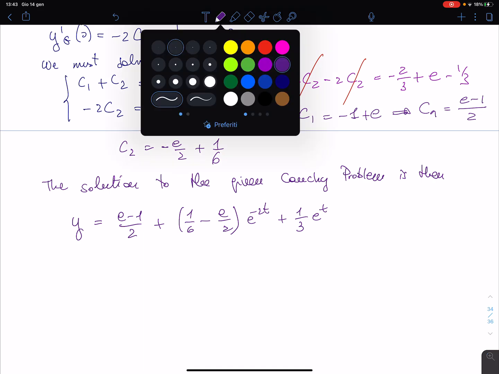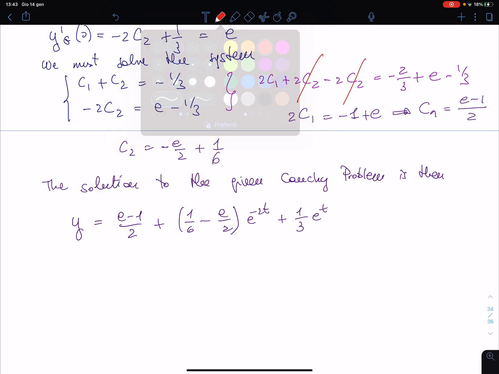So by solving this exercise, what we learned, remarks.